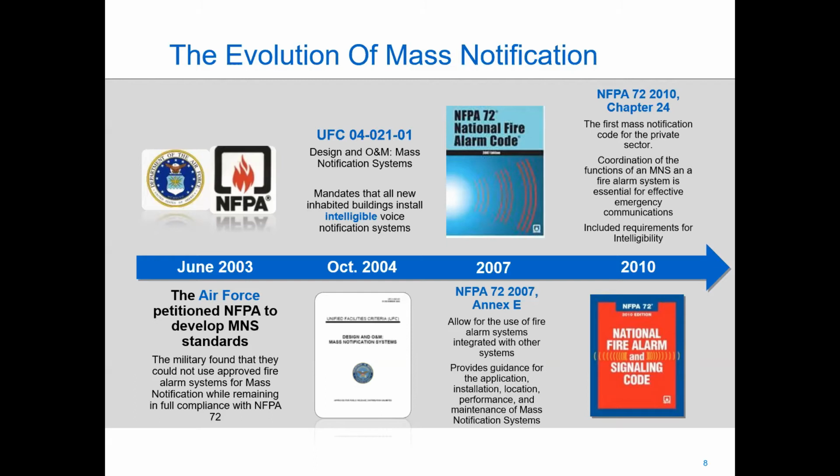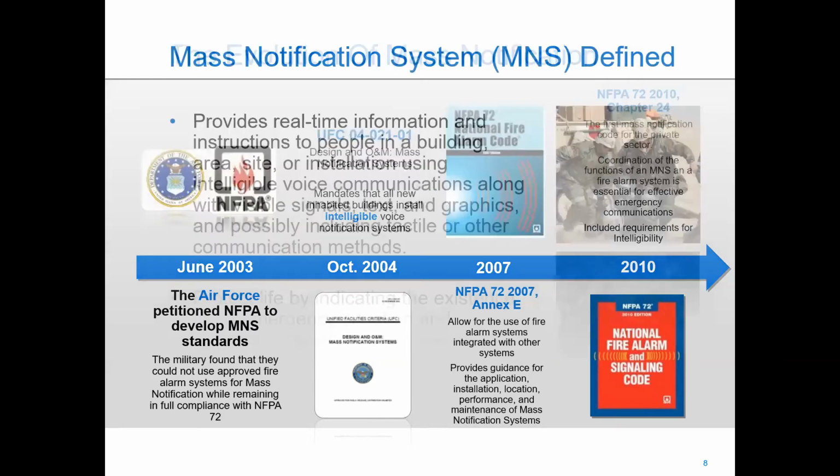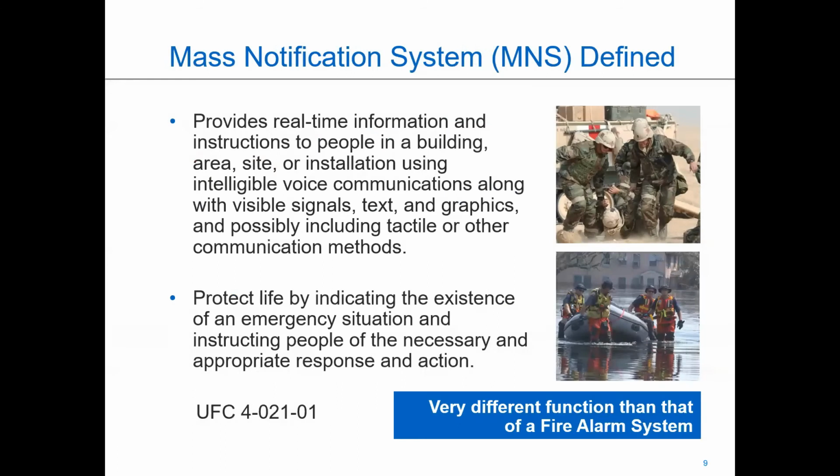It was the first time that you saw anything where we got a chapter. Again, recommendations and suggestions on how it has to be. That's where mass notification really started in the commercial world. And it was in my world where it became very important in the fire world when you start to talk about interior voice. So just a brief history of where it came from and took to this date.